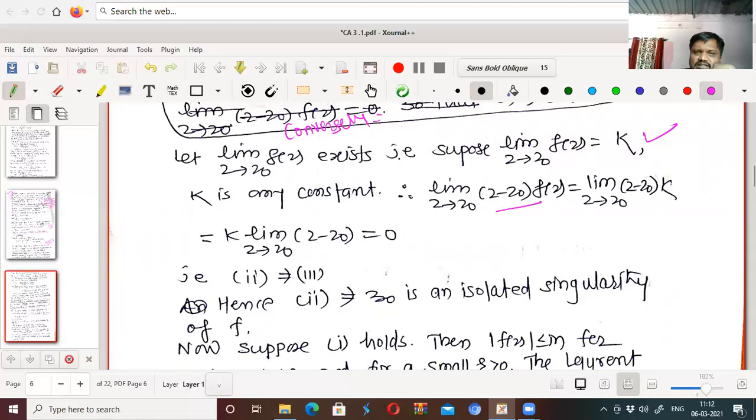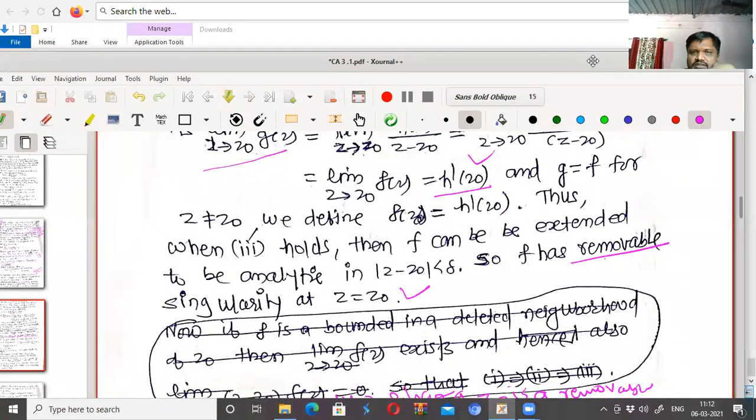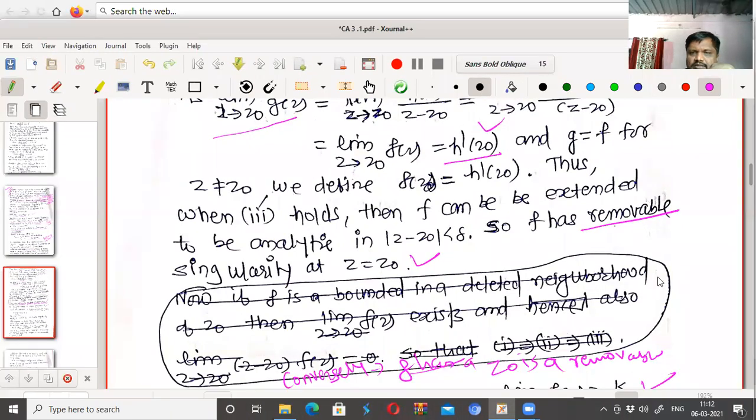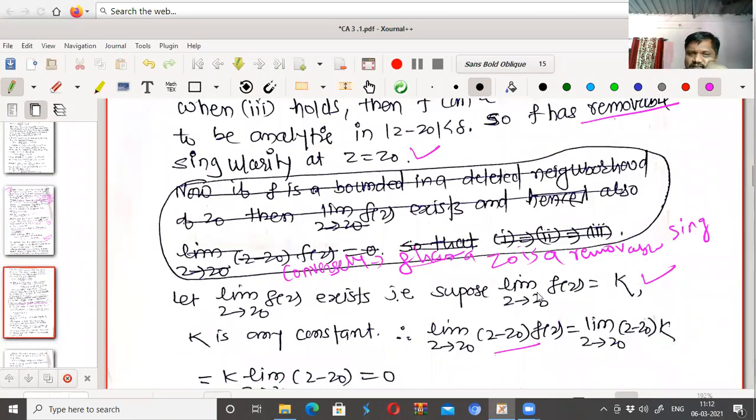Conversely, suppose that z0 is a removable singularity of f. Then, by the definition of a removable singularity, the limit as z tends to z0 of f(z) exists. Suppose it is equal to some k, where k is any constant.